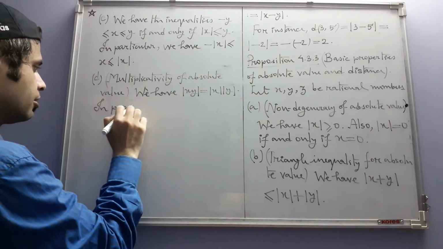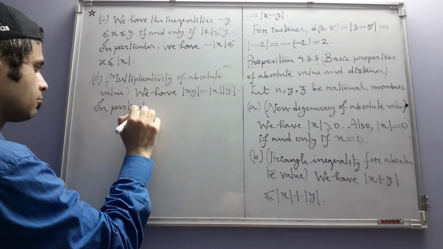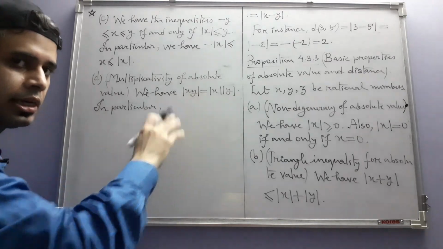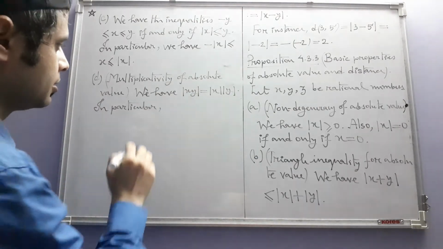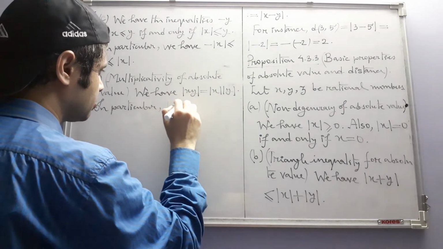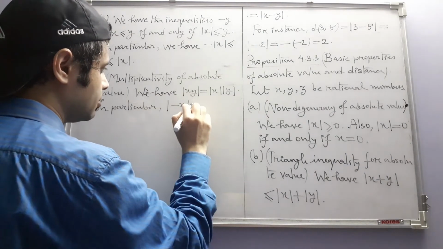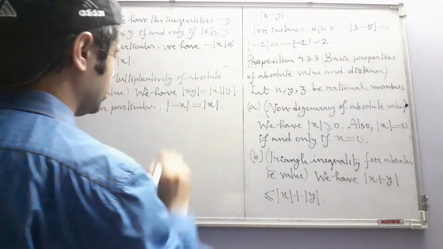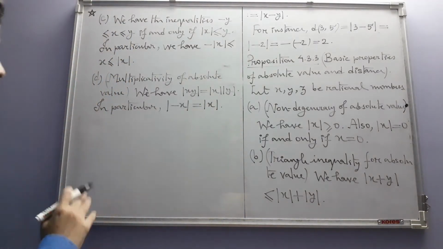In particular, if in place of y you take the integer minus 1, then you get this. From this identity, absolute value of minus x is the same as the absolute value of x. We will have to prove all these things.